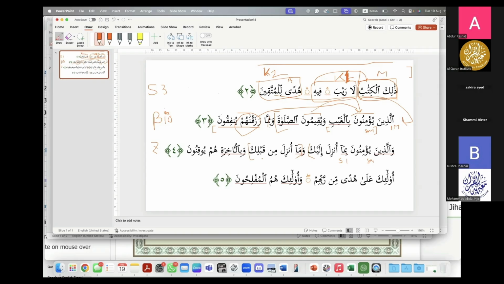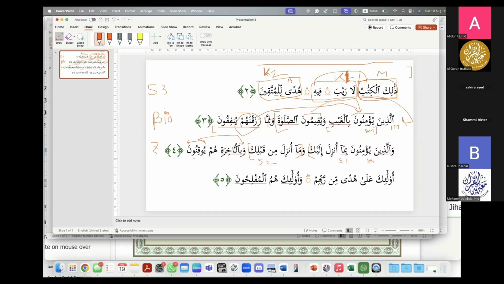Okay. And wa bil akhirati hum yuqinun. This wa bil akhirati is khabar muqaddam, I feel. And hum is mubtada. And yuqinuna. Otherwise, wa bil akhirati is jar majroor mutalliq bil fail yuqinuna.